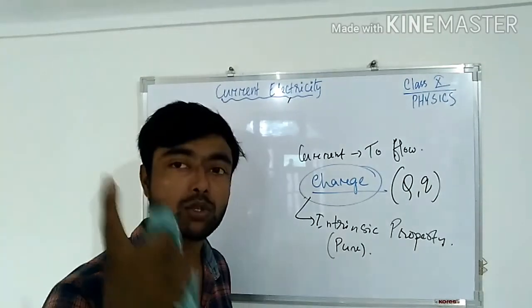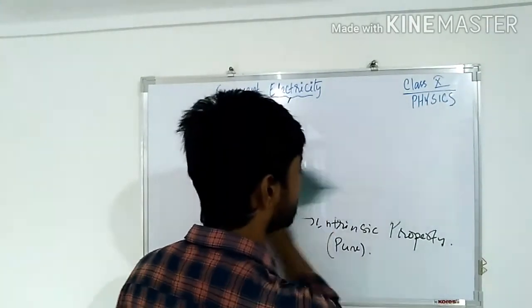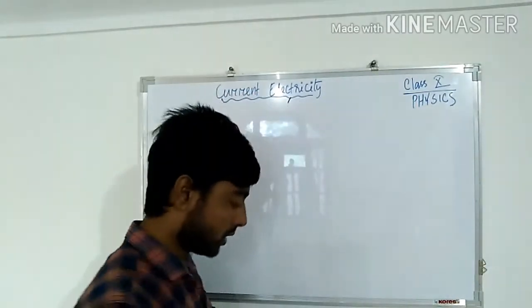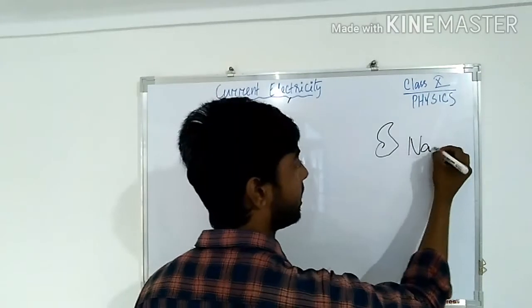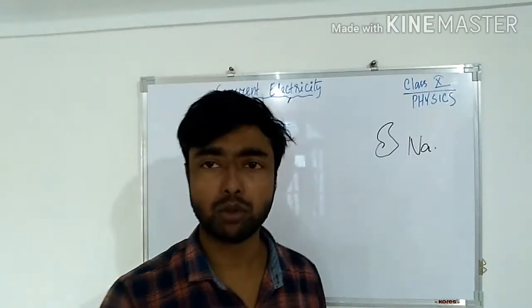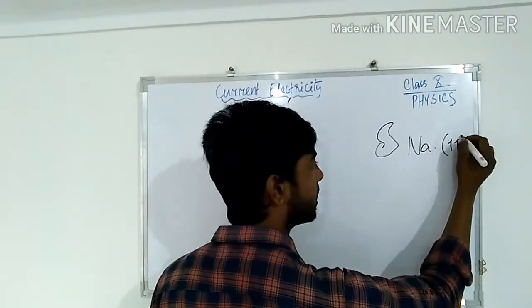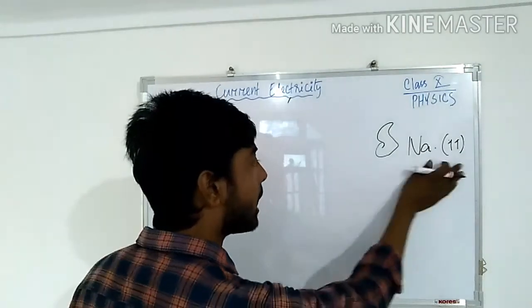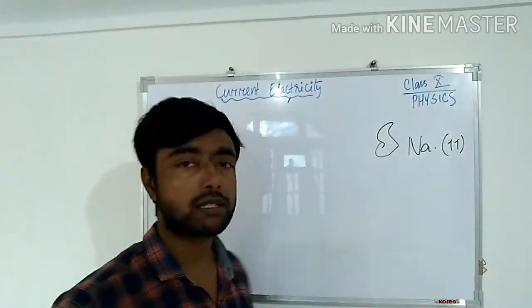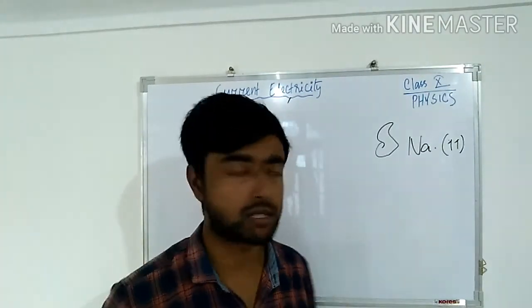Suppose you have one piece of sodium, Na. We write it as Na, you know that. We know that sodium has atomic number 11. What is the atomic number of sodium? It is 11. Now you see how this 11 is distributed in different shells.